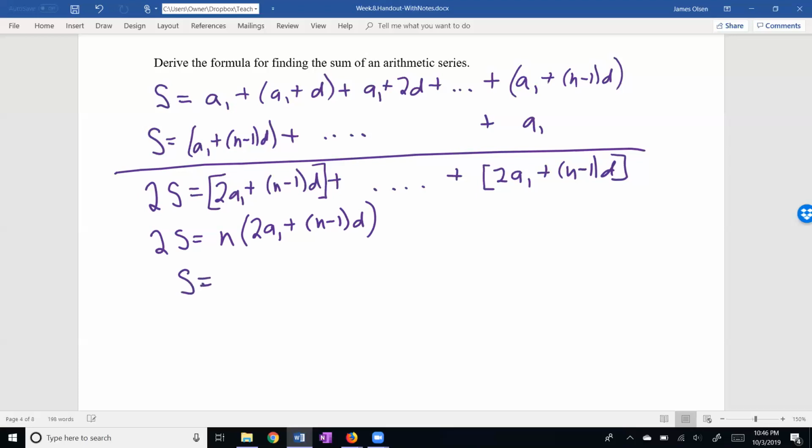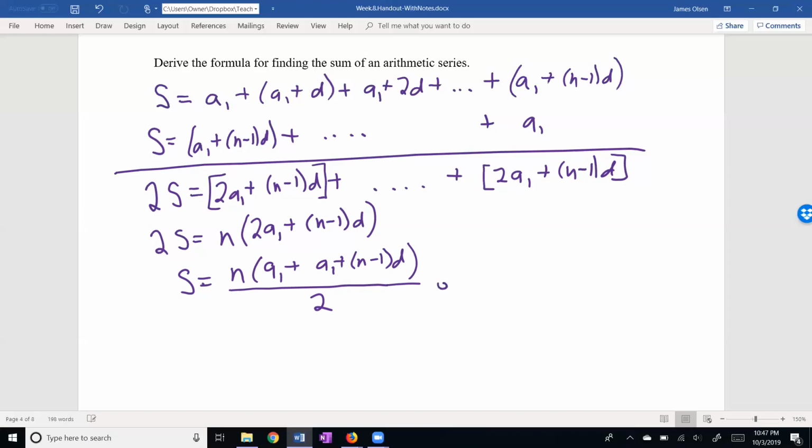My sum is equal to n times, I'm going to go ahead and split off the a1 again so that it kind of looks like the first term, a1 plus a1 plus n minus 1 times d, divided by 2. This is the formula that we're going to use.